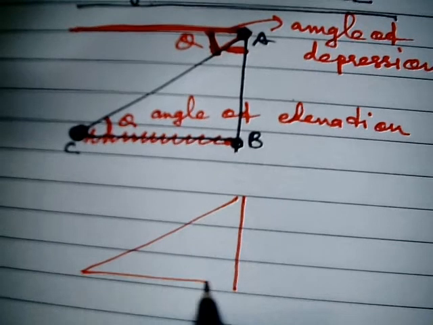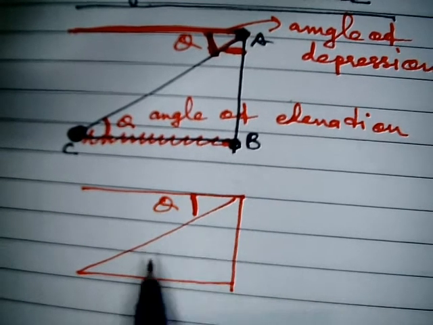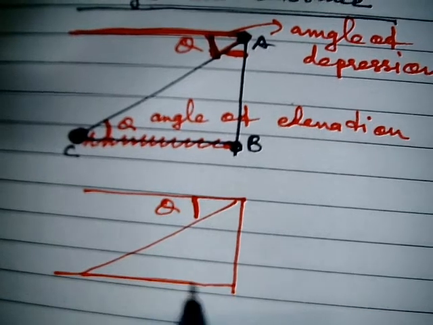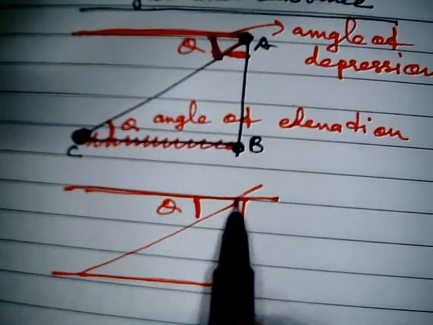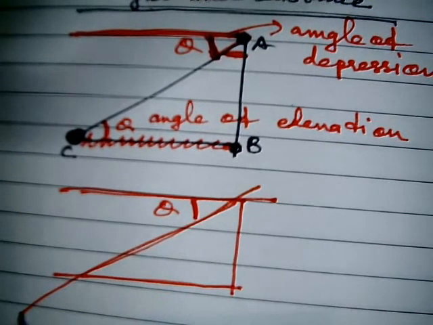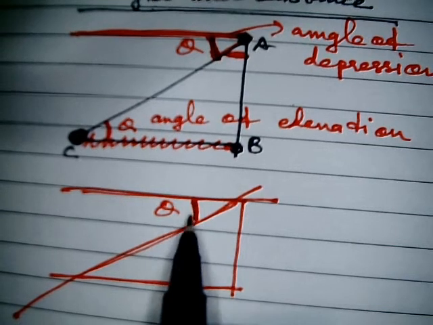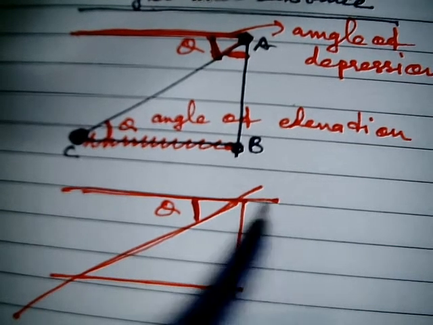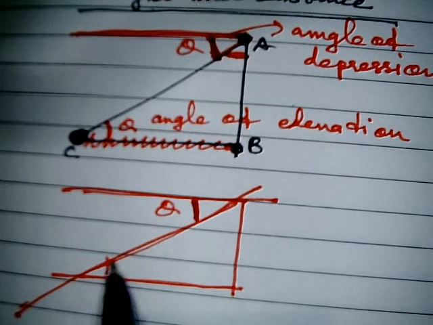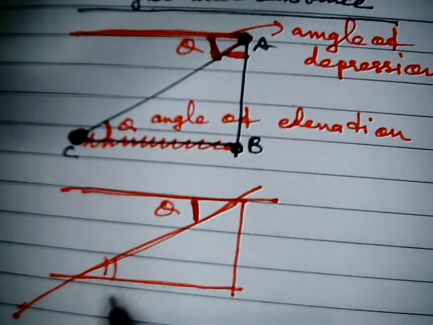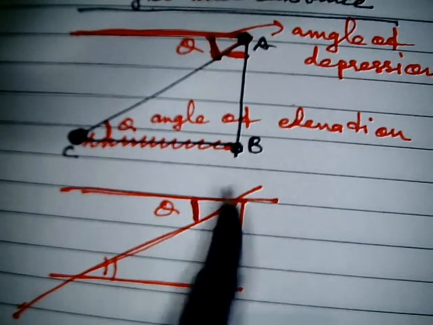See, this line and this line are parallel, so this line works as a transversal, and the alternate angles are equal. So this angle and this angle are alternate angles, and alternate angles are equal. So this is theta, we can calculate this theta, and then we apply all the trigonometric ratios.